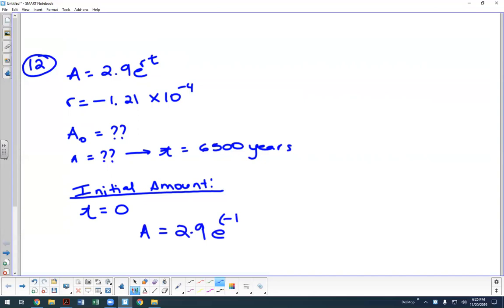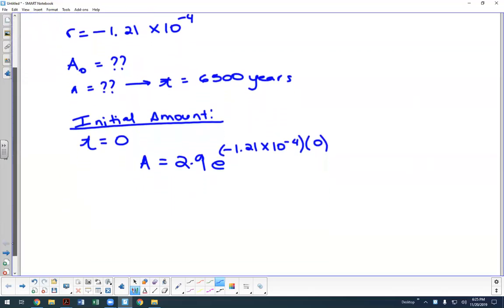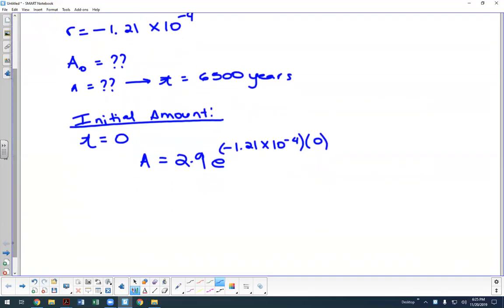We have a rate of negative 1.21 times 10 to the negative 4, and our time is 0. So what happens when we multiply anything with 0? It becomes 0. So your exponent will end up becoming 0 since we're multiplying r times t. And what does the 0 exponent rule tell us?